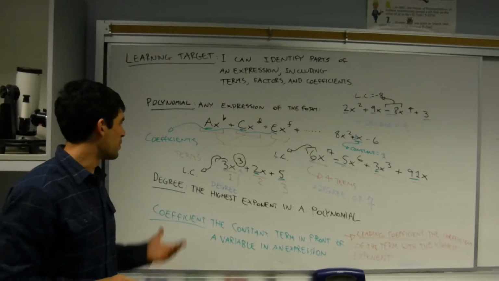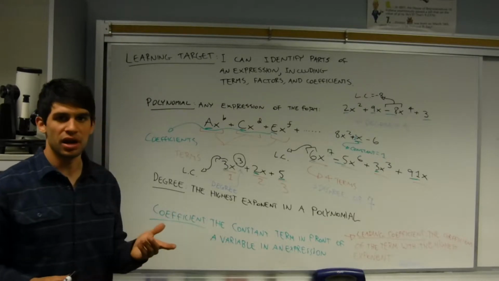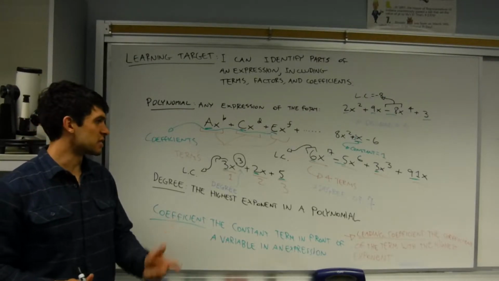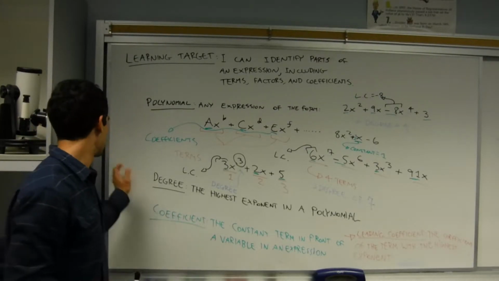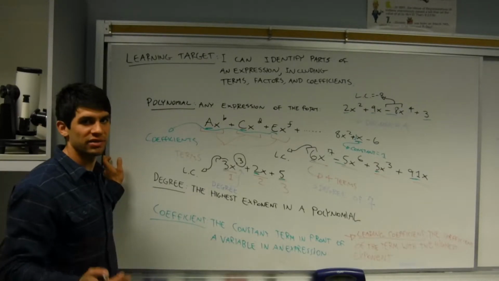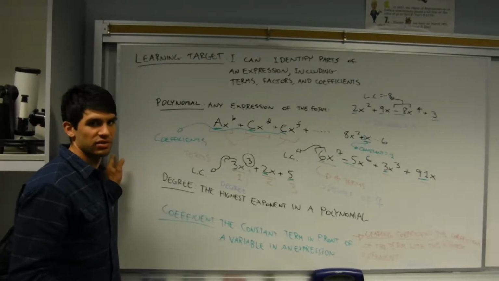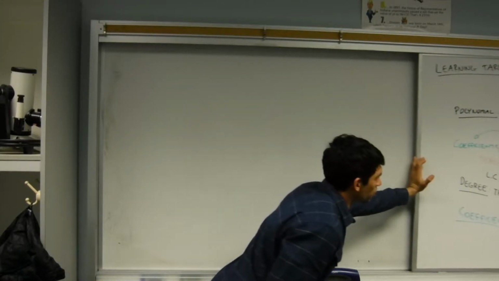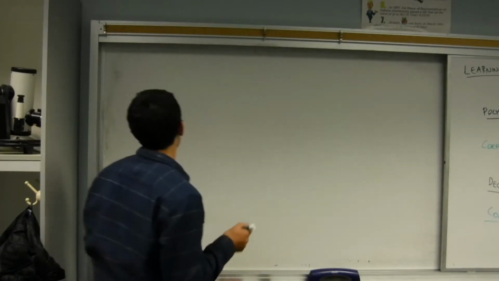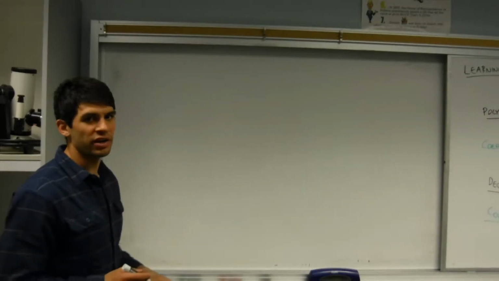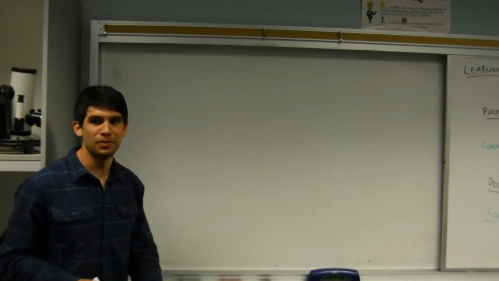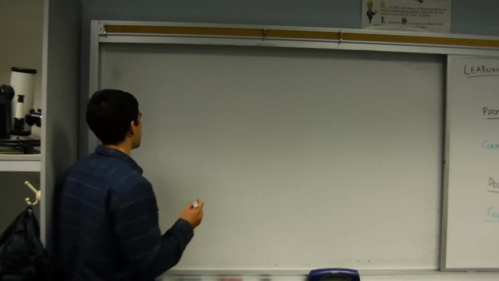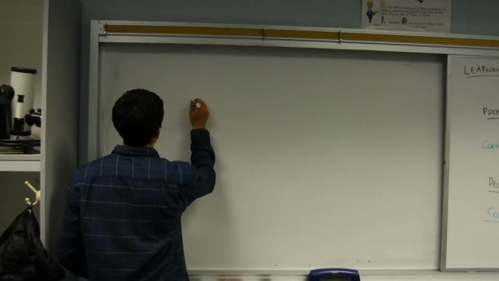This is the basic vocabulary for polynomial expressions. Let's just do one or two quick examples of what you might see on one of our quizzes or worksheets. You'll see there are lots of varieties of polynomials. In fact, an infinite number of possible polynomials.